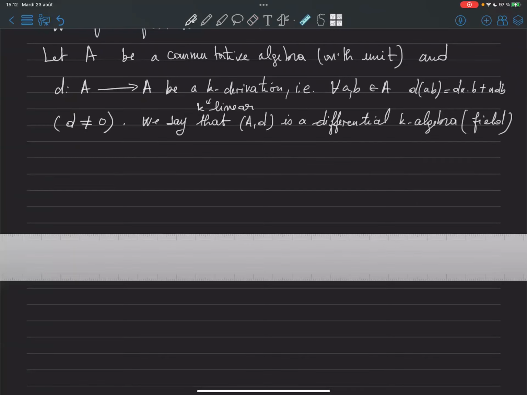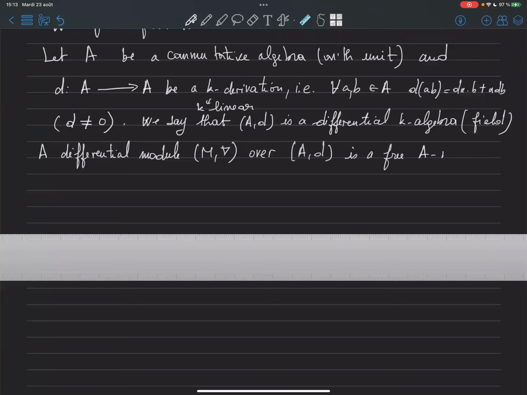A differential module is just a free A-module.